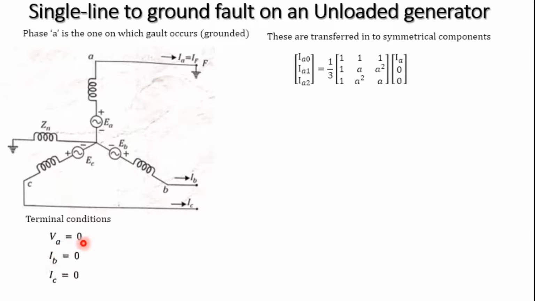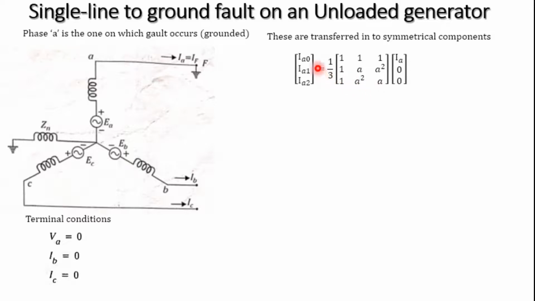Suppose if two phase voltages were 0, then we could go for the phase voltages. But here the phase currents IB and IC are 0, so that is why we are going to find the symmetrical component values of the current.